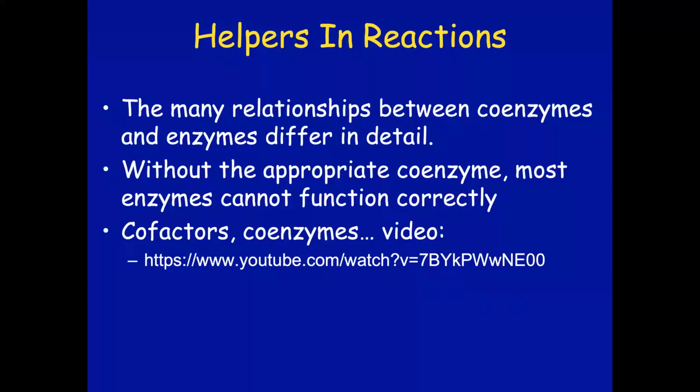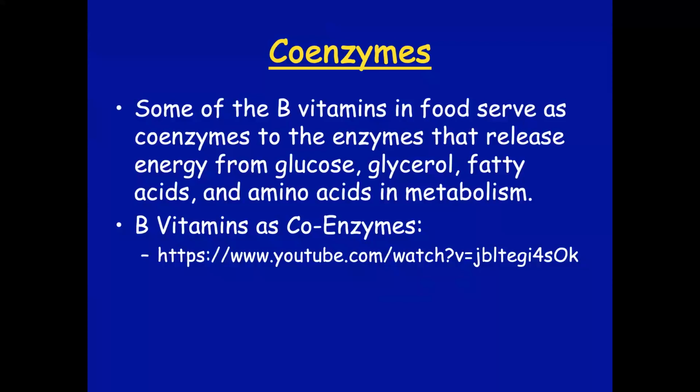The innumerable relationships between coenzyme helpers and their specific enzymes are going to differ in detail. Without the appropriate coenzyme helper, most enzymes will not function correctly. As I mentioned, vitamins can act as coenzymes, so some of the B vitamins will act as coenzymes that are going to release energy.